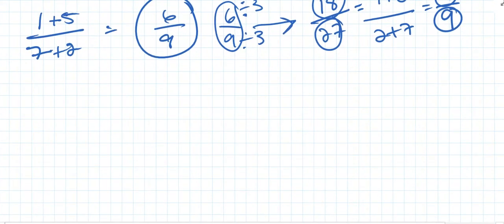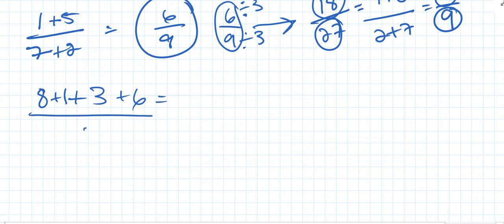So if it was the number 8 plus 1 plus 3 plus 6, over, let's say, 27.